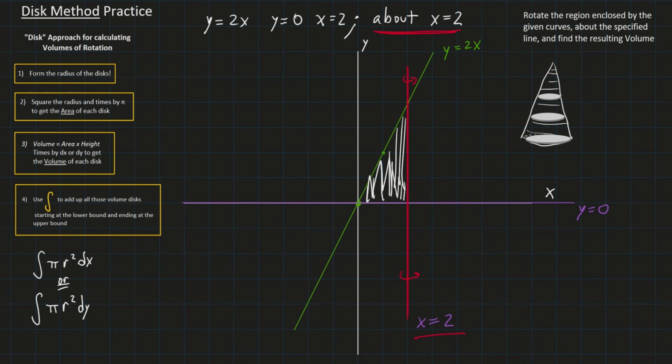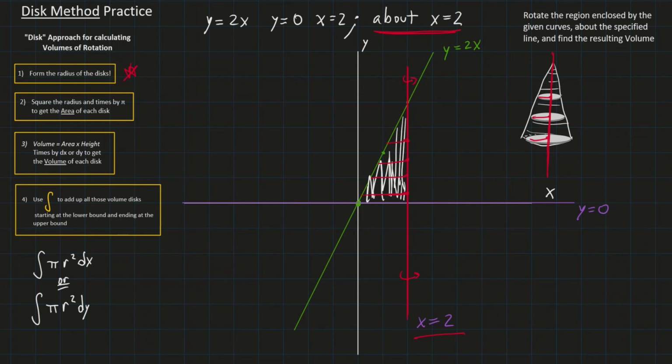So let's start executing our disk approach. Often the hardest part is bringing that math together to give us the radii of those disks. So, my picture up here, got a radii, got a radii, got a radii. Okay, now on my main graph, that's going to be these lengths right here.